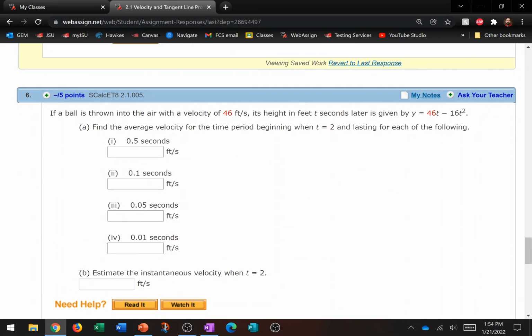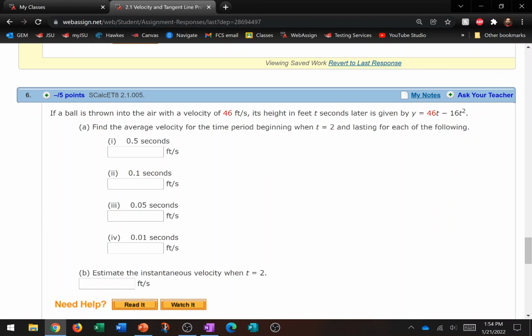A ball's thrown in the air. The velocity, mine says, of 46 feet per second. t seconds later, given by y equals 46t minus 16t squared. Find the average velocity for the time period beginning when t equals 2 and lasting each of the following.